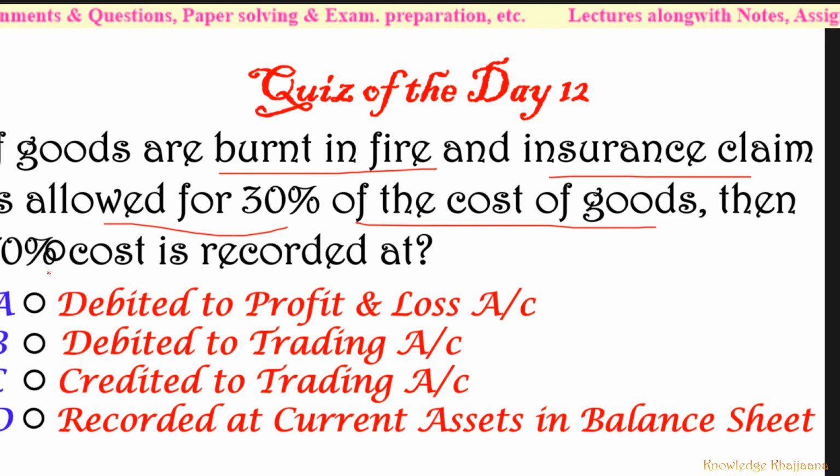Then the 70% cost is recorded where? Will it be debited to the profit and loss account, debited to trading account, credited to trading account, or will it be recorded at the current assets in balance sheet? You have to give the correct answer immediately.